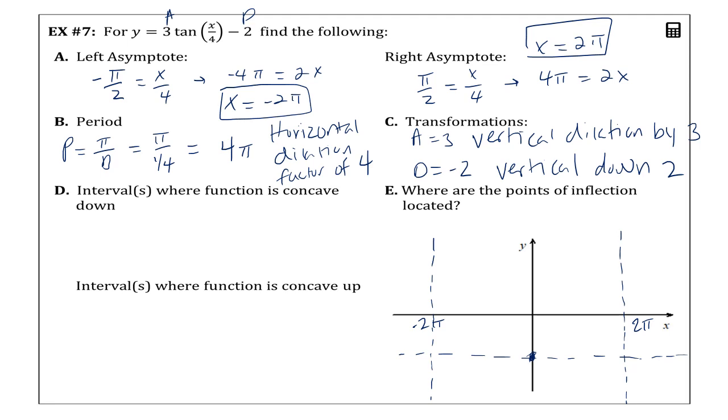So halfway between here is going to be negative pi. And halfway between here is going to be positive pi. That is not a negative A, a positive A, so we're still going to go asymptote, and then we're going to go low. So we're going to go 2 units down from here, which is going to put us at 4. So we're at 2. It's going to put us at 4. So 2 units down for our low. It's going to be at 4.